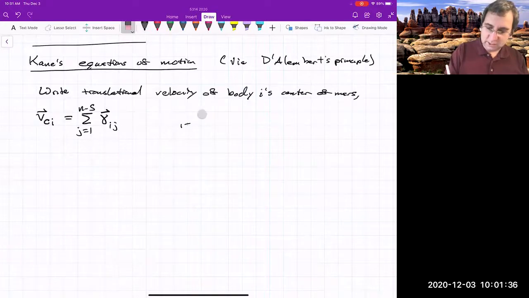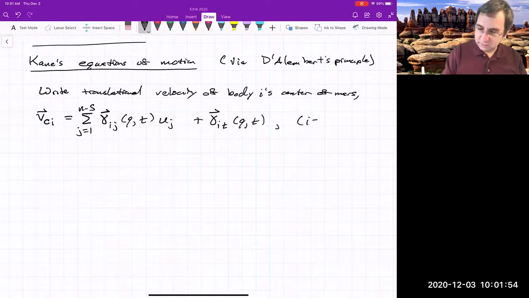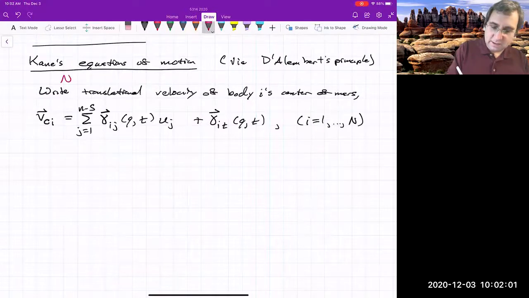I should emphasize that these gammas could be functions of q's and t's. And this will be a gamma vector that does not pre-multiply a quasi-velocity. So here the index i goes from 1 to the number of rigid bodies. So we're talking about n rigid bodies or particles.